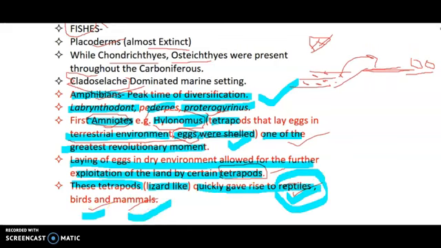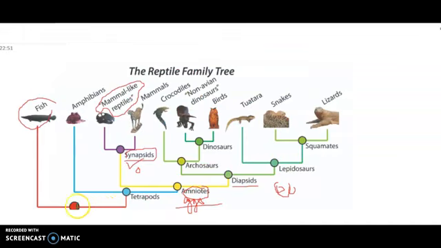This is a beautiful chart of evolution, showing how fishes evolved. Lobe-finned fishes evolved to tetrapods, and then tetrapods evolved to amniotes and amphibians. Amniotes laid eggs in dry environments, and this branched off to synapsids and diapsids.